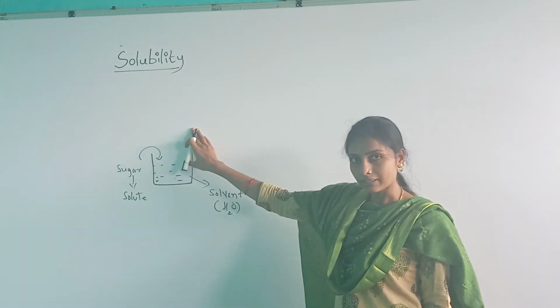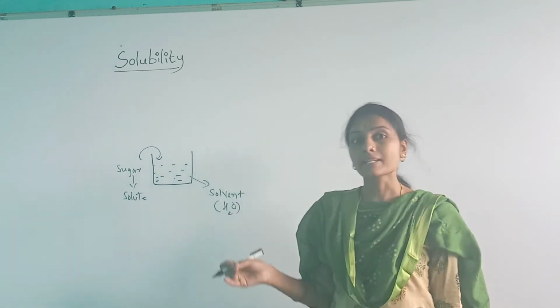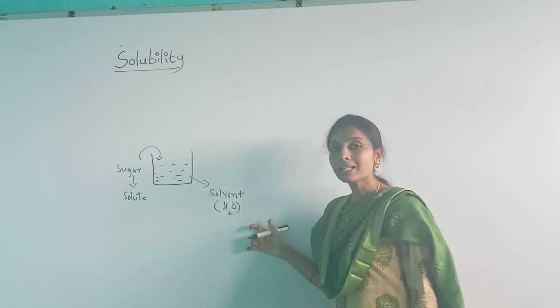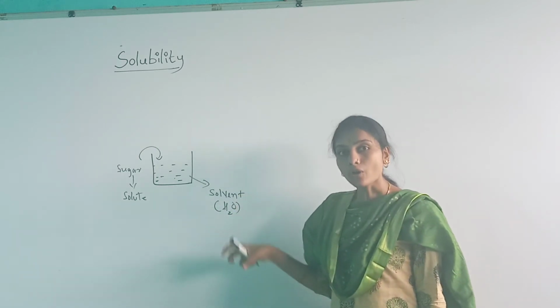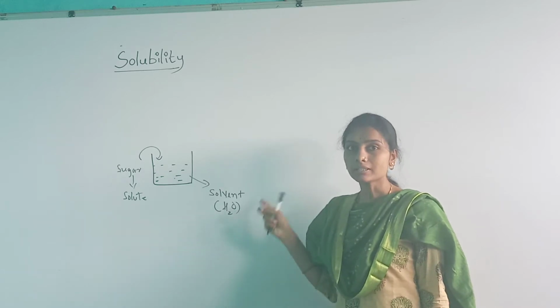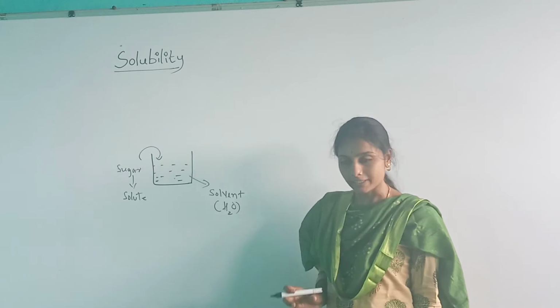I am defining the thing again. Solubility of a substance is its capacity or ability to get dissolved in a given solvent at a particular temperature. That is called solubility.